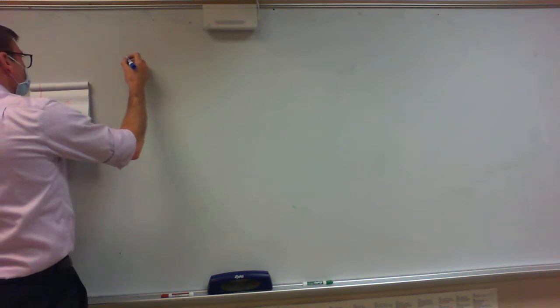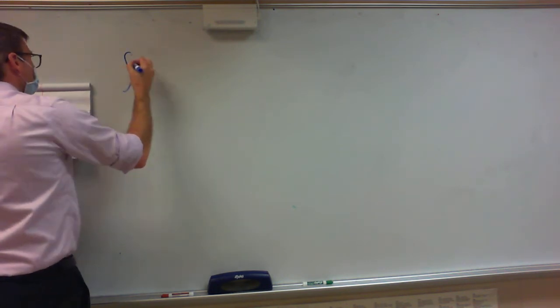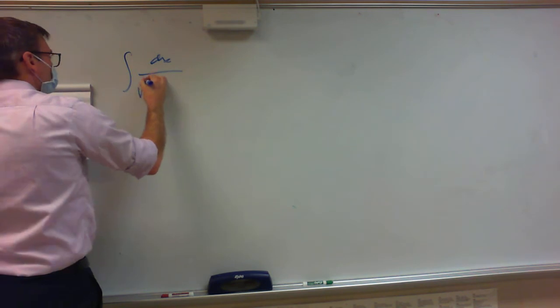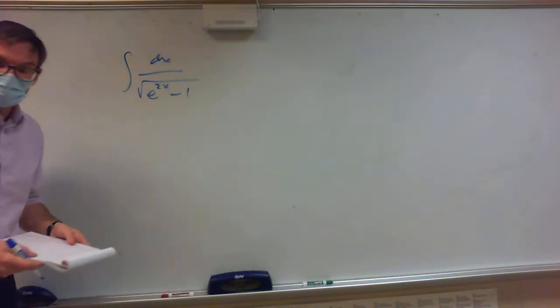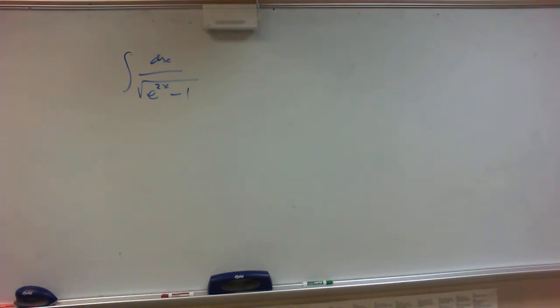So what if I give you this? What about the integral of dx over the square root of e to the 2x minus 1? Just kind of mix a whole lot of stuff in there. Ready?